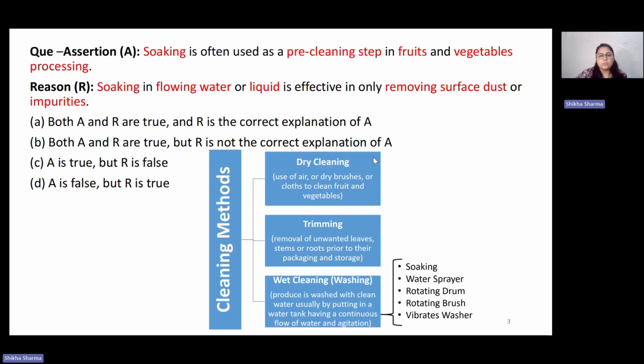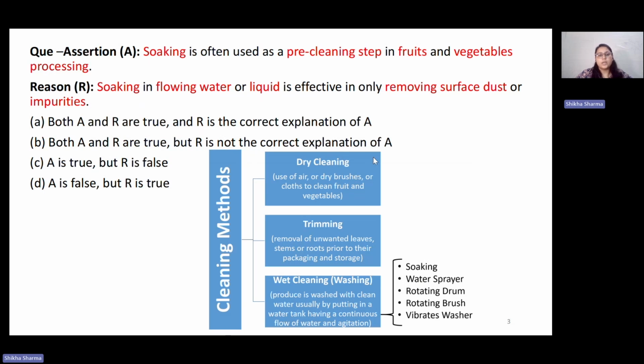Sometimes the fruits and vegetables are processed into jam, juices and other products, then packaged and sent to the customer. So the first step is the cleaning of fruits and vegetables after harvesting.